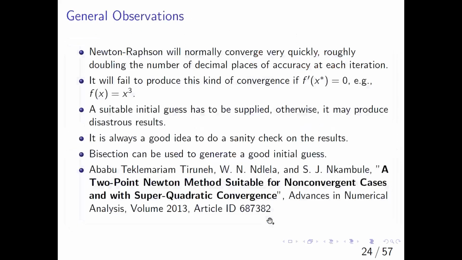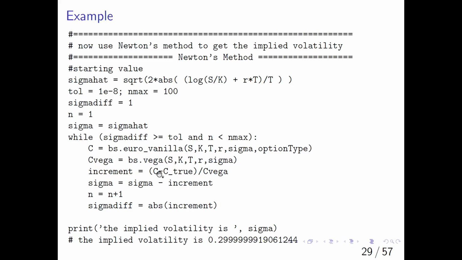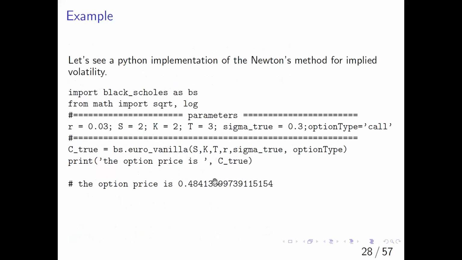Now we go back to the implementation here. See, C is the current option value with the current volatility approximation. C true is the option value we observed from the market, which is this one, okay?